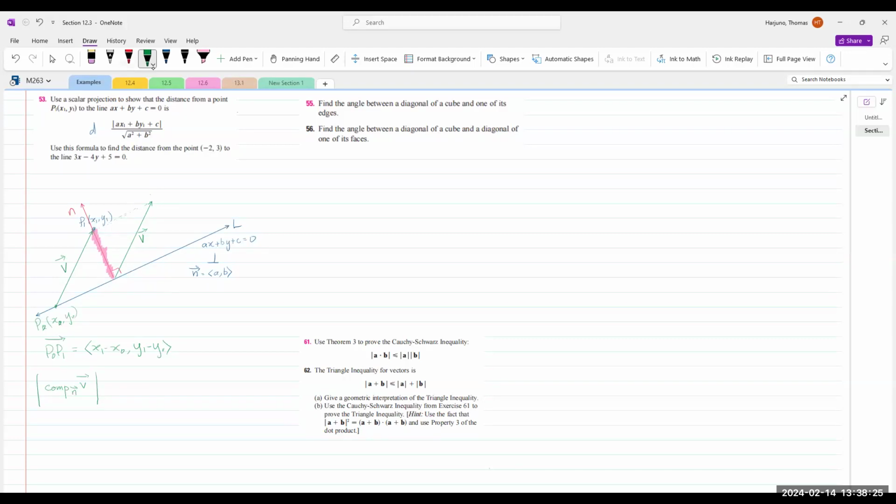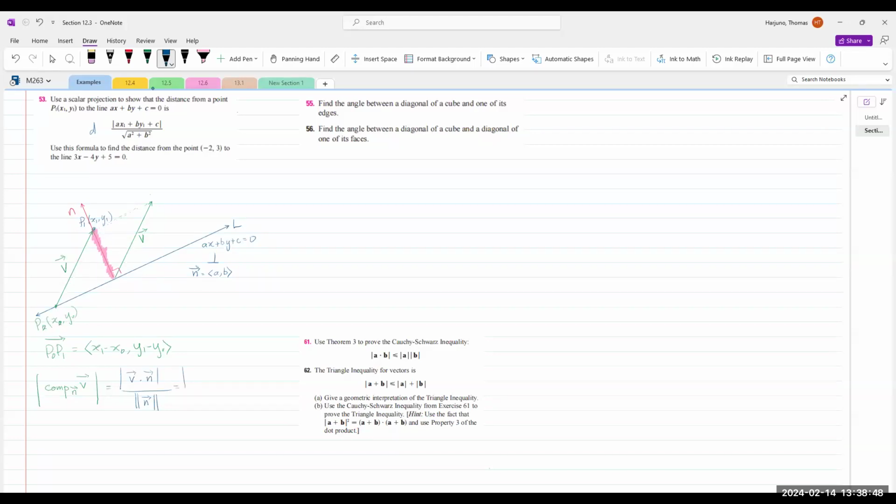Which is equal to the absolute value of, I use absolute value because the component may be negative, vector v dot n over the magnitude of vector n.